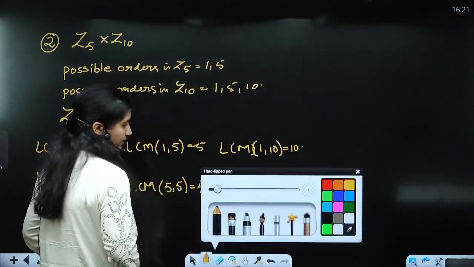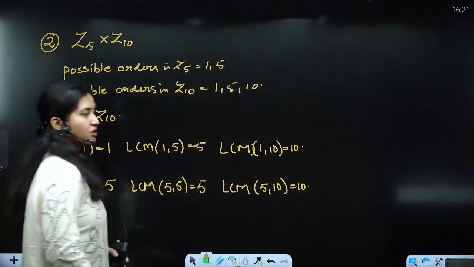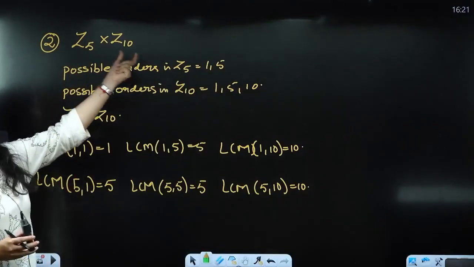Now I want to calculate the number of elements of order 5 in Z5 cross Z10.